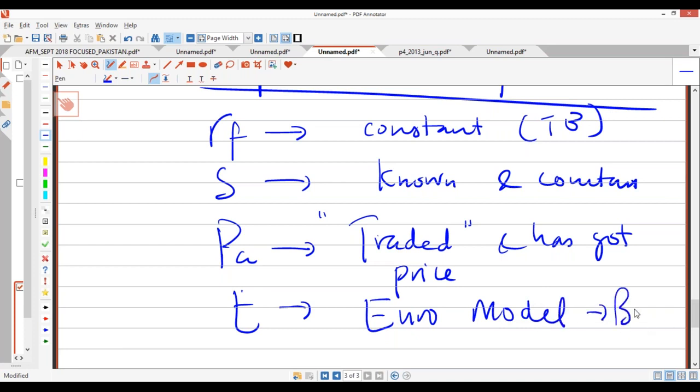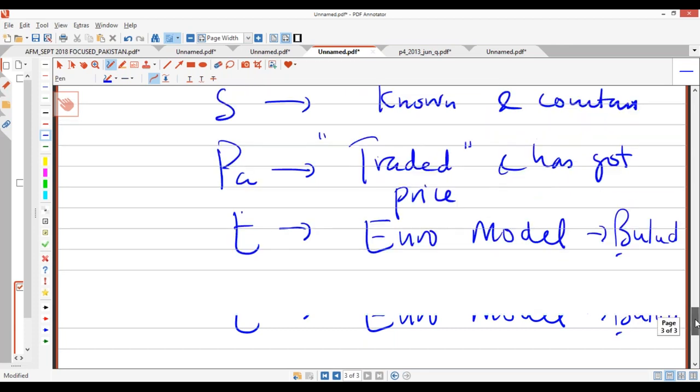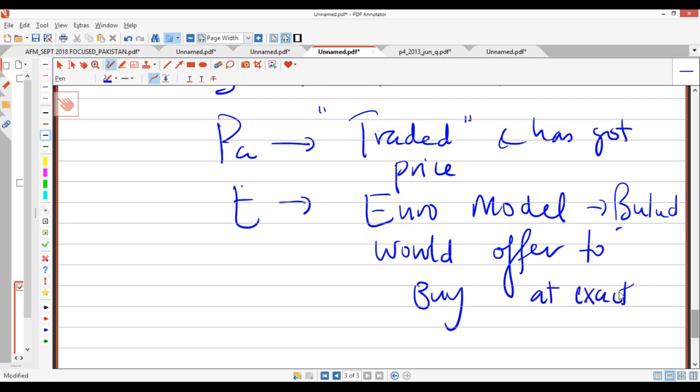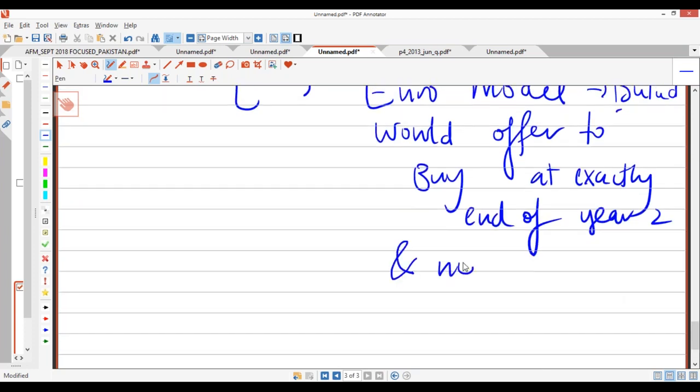That means Balut would only offer to buy, or you sell to Balut, at exactly the end of year 2, and not any time earlier.